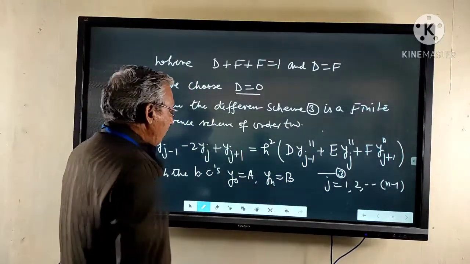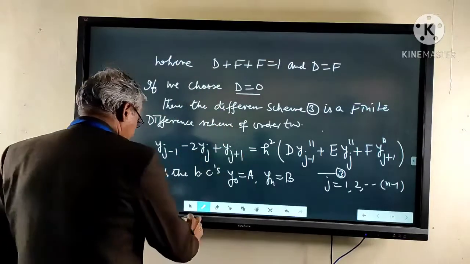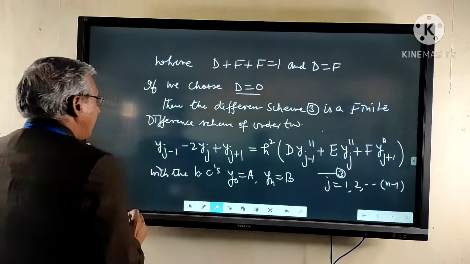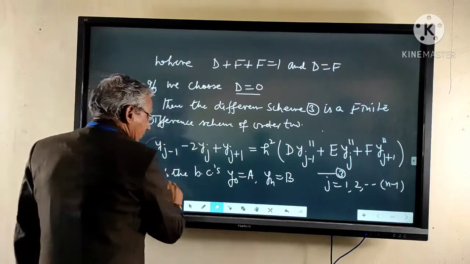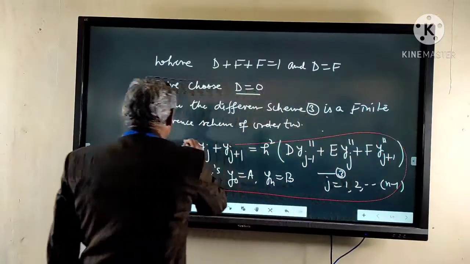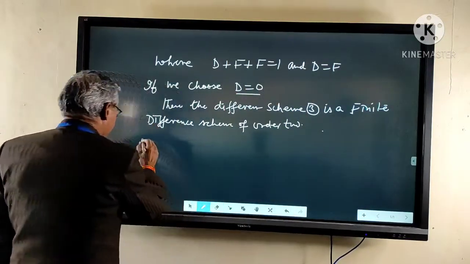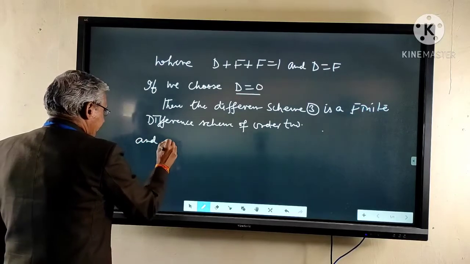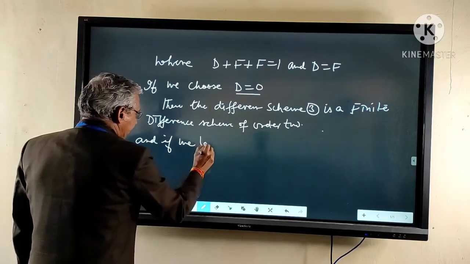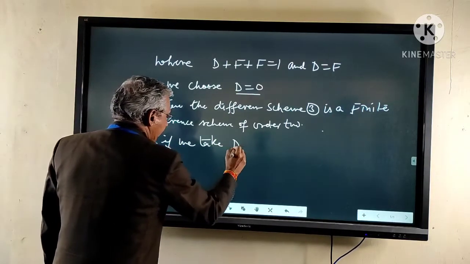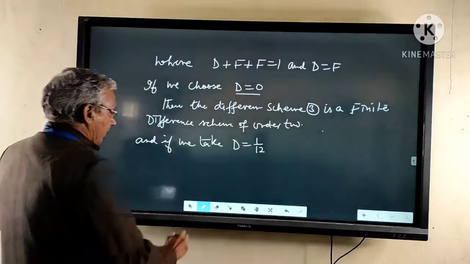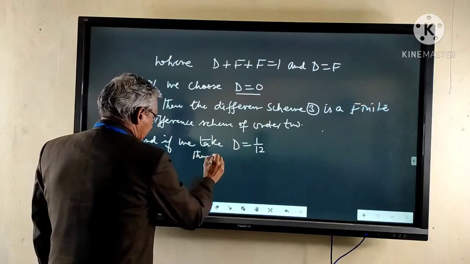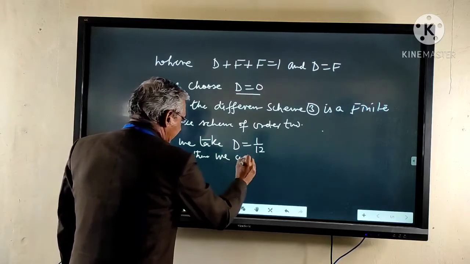And if we take d equals 1 by 12, then we get the finite difference scheme of order 4.